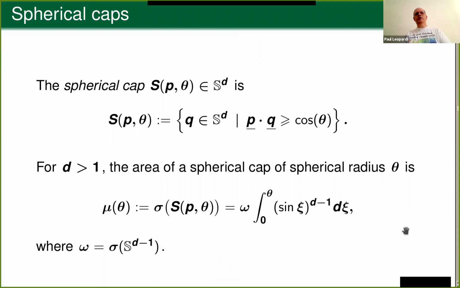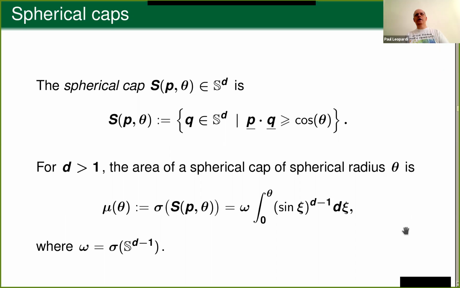Just to give you a little bit more technical background, we're talking in this construction on the sphere about spherical caps. So the spherical cap is essentially a region which is defined by a circle, and that circle is of spherical radius theta. In other words, an angle to the center of the sphere of angle theta.